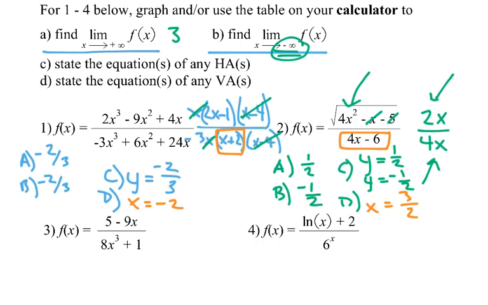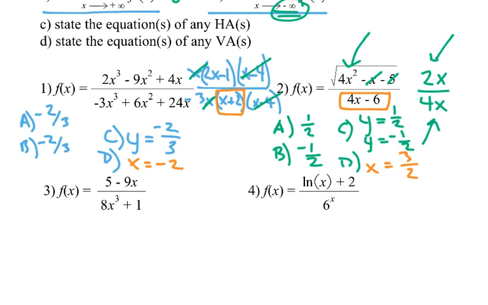Alright, moving on to number 3. Now we have a situation where our power is bigger on the bottom, and so as our numbers go to infinity and to negative infinity, the number on the bottom is going to dominate. It's going to be way, way, way bigger than the number on the top.